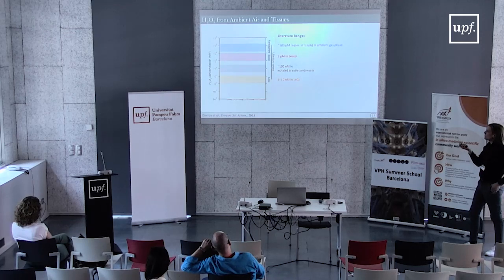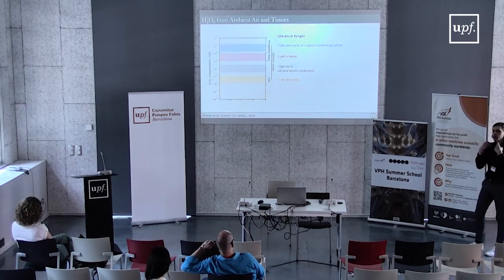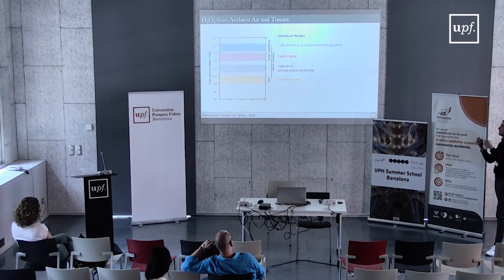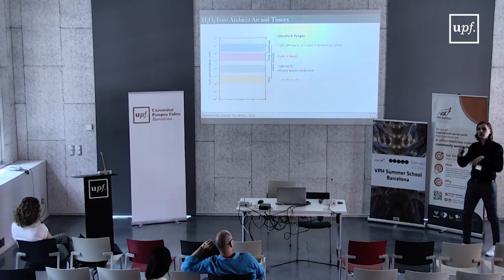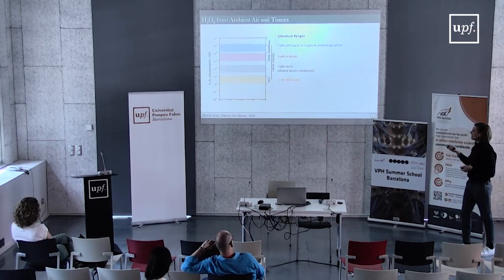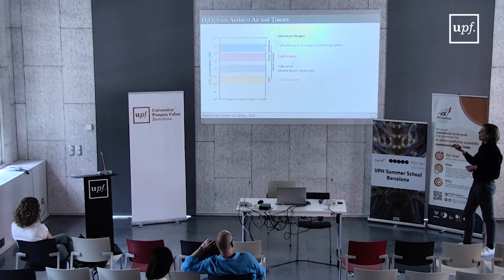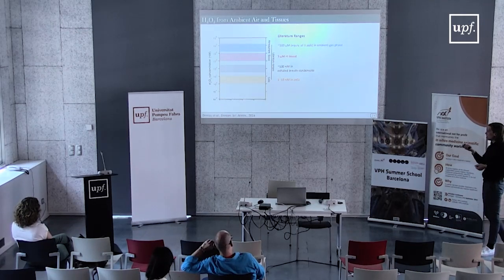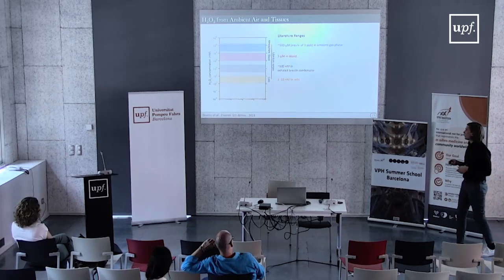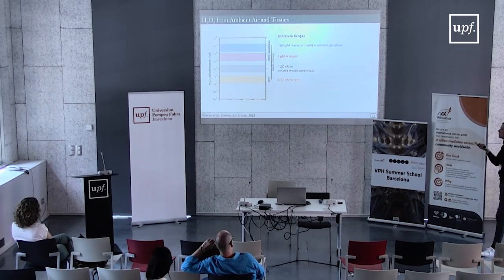If you now probe the exhaled breath condensate, so what you exhale, and then you condense out the liquid, and you measure how much H2O2 is in there, it's 10 to 100 times higher. So you measure around 100 nanomolar of H2O2 in your exhaled breath condensate, so it's somewhat enriched already. Then your blood has an even higher concentration of H2O2, 5 micromolar.